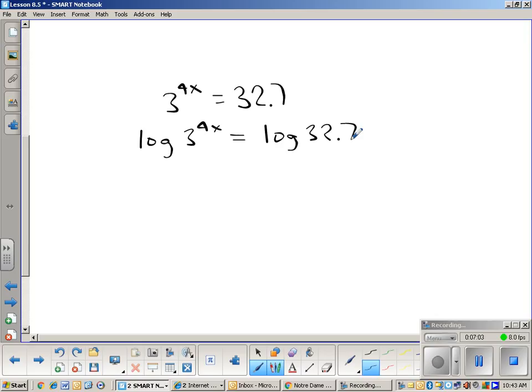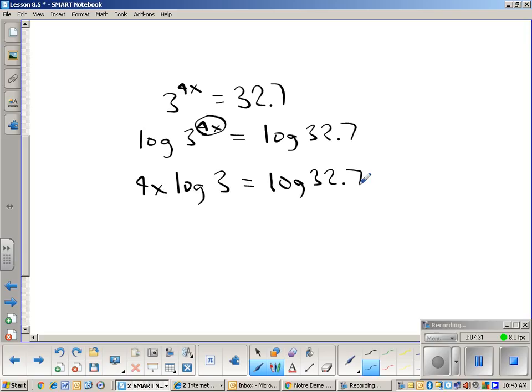All right? So traditionally, this is the way I would solve this myself. And I know the rules really well, and I probably still would have done this. I'm just going to log both sides. And then remember the rule? How can we rewrite it with an exponent, not as an exponent? Move it out front. So 4x log 3 equals log 32.7.